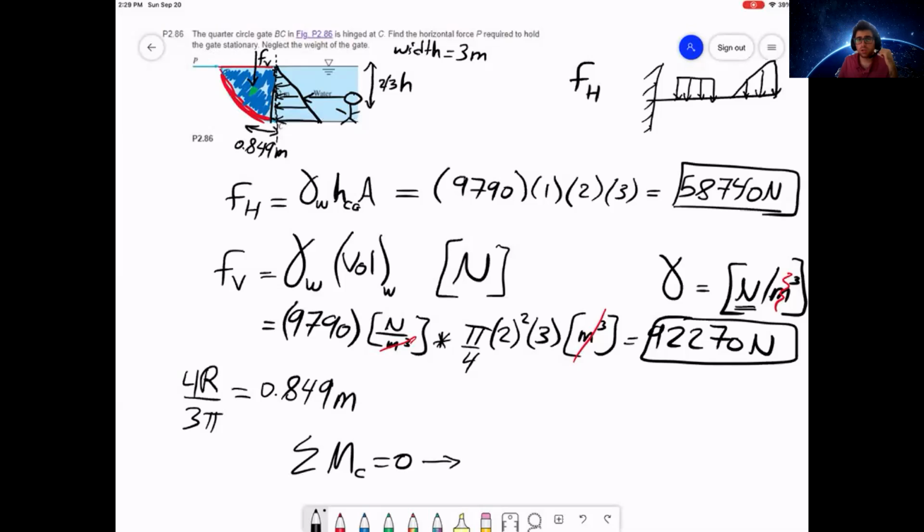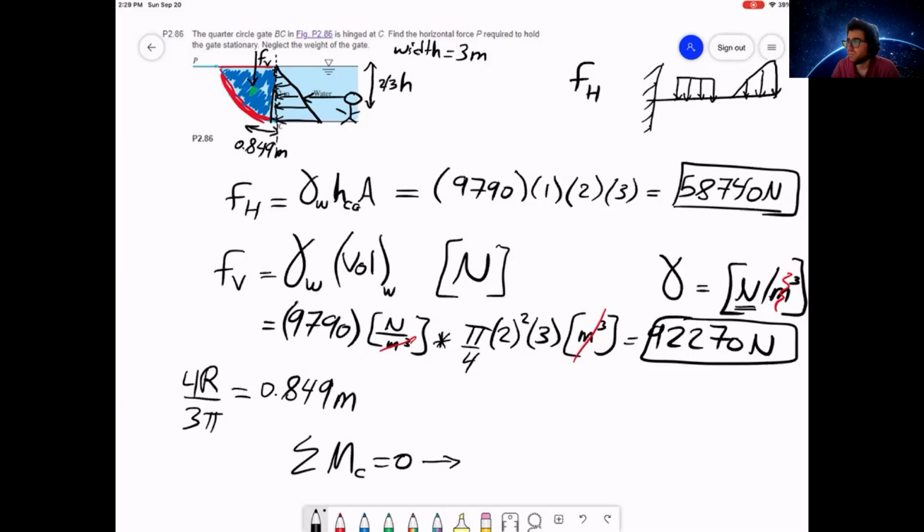And can someone tell me the equation? First thing, how many forces are we dealing with in this problem? 3, including P. Right, that's good. So we have 3 forces, so we're going to have 3 terms in the moment equation.